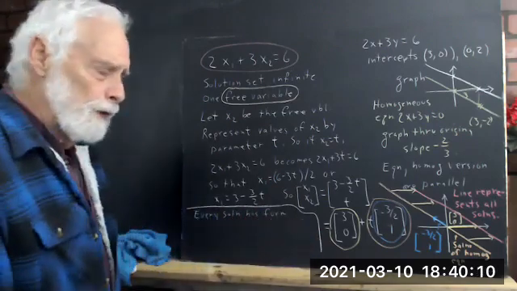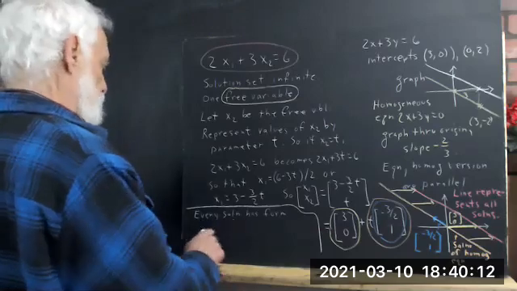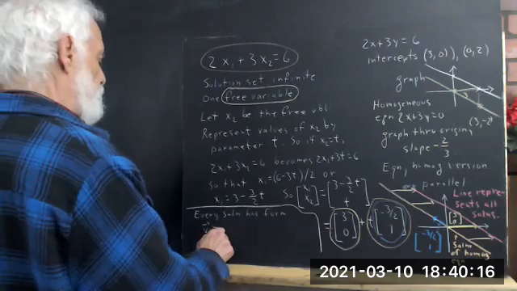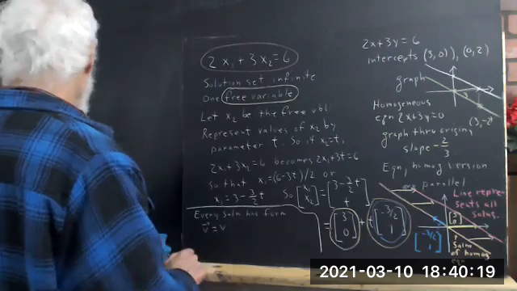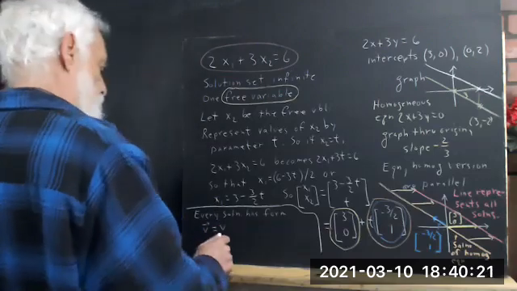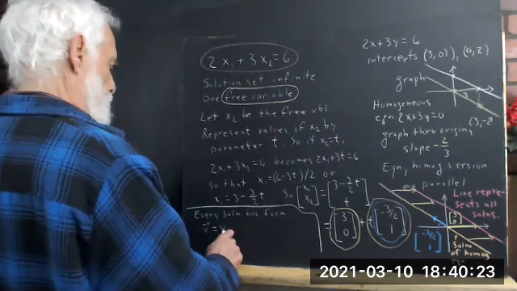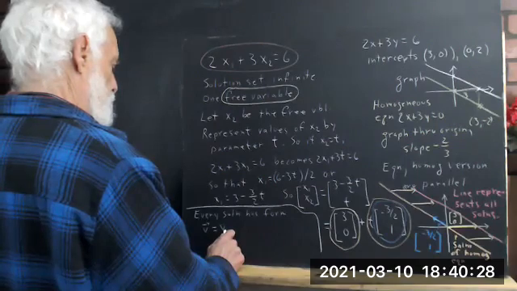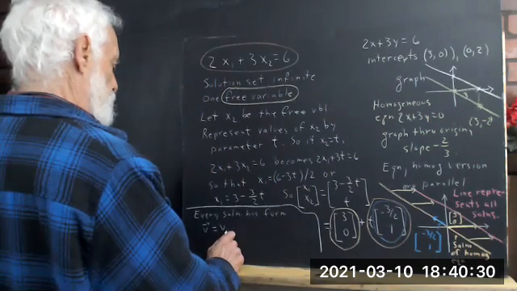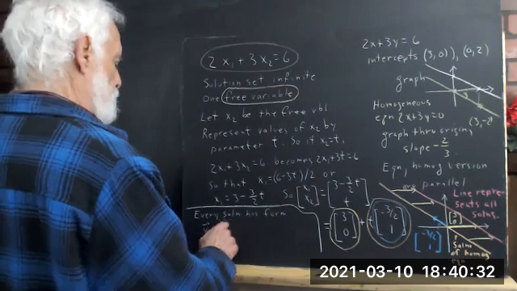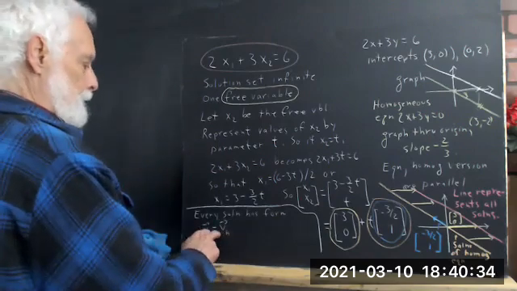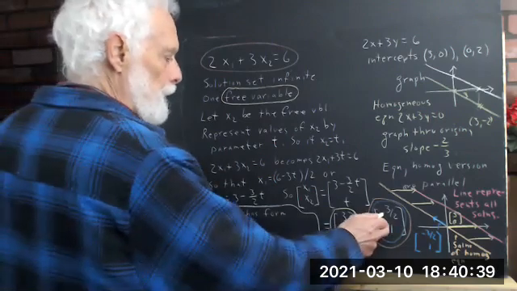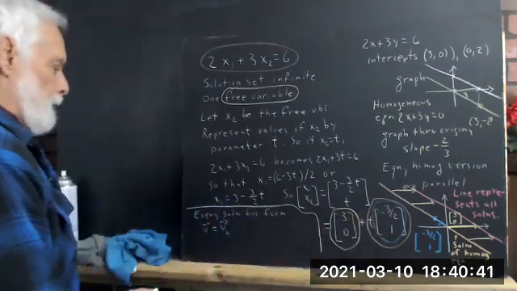In vector notation, every solution has the form v equals, I'll use v sub H for homogeneous, the vector that solves a homogeneous equation, that would be one of these, okay?